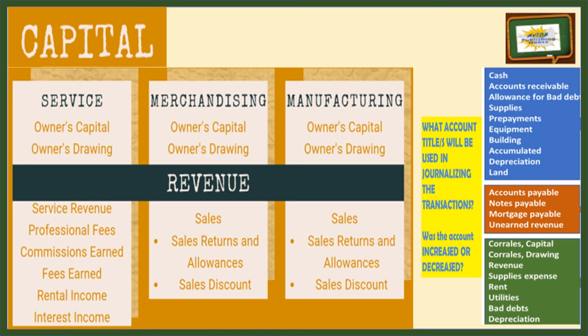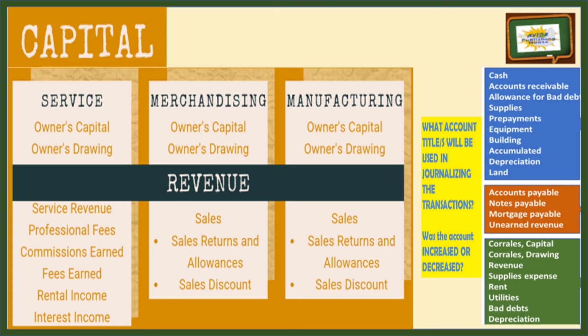With regards to revenue, there will be a distinction because of the varied activities. The account titles being used for service business are service revenue, professional fees, commissions earned, fees earned, rental income, interest income. It depends on the kind of business.